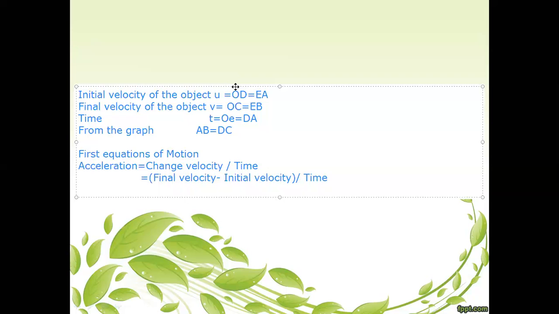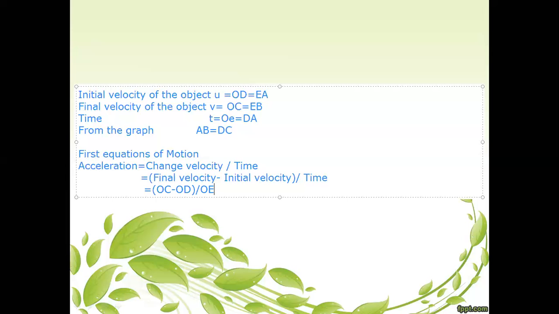The final velocity is OC, the initial velocity is OD, and the time is OE.